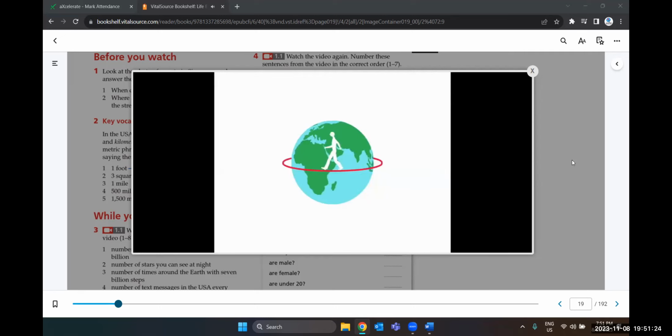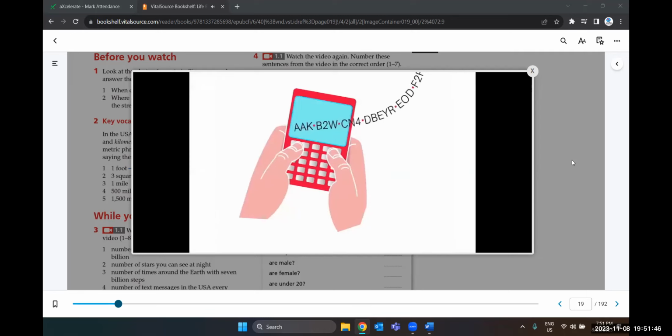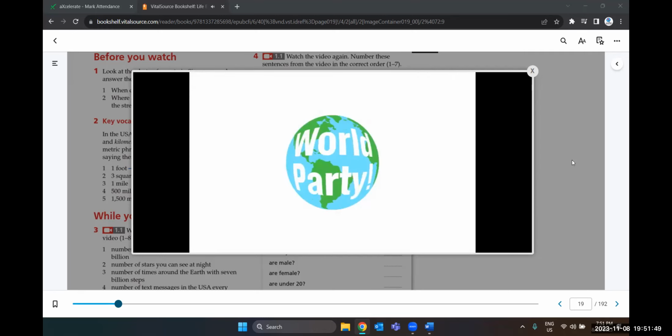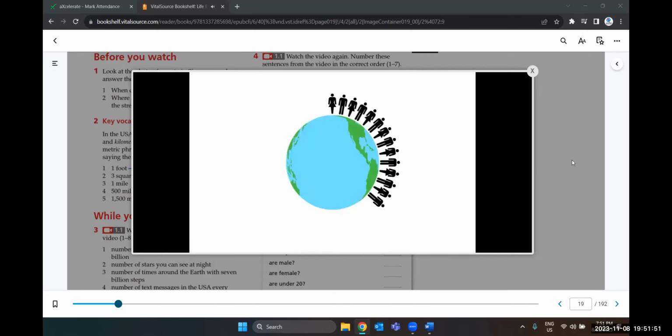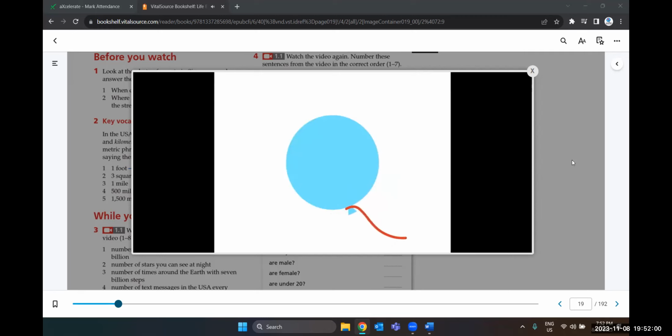Walk around the Earth 133 times, and that's 7 billion steps. People send 7 billion texts every 30 hours in the USA. That's 65,000 texts every second. And what about a party with 7 billion people? Everyone can come. But where on earth is there a place for a world party? Let's go and take a look.